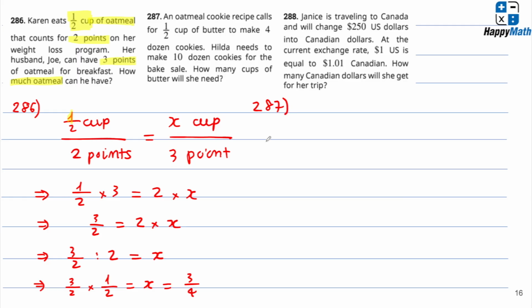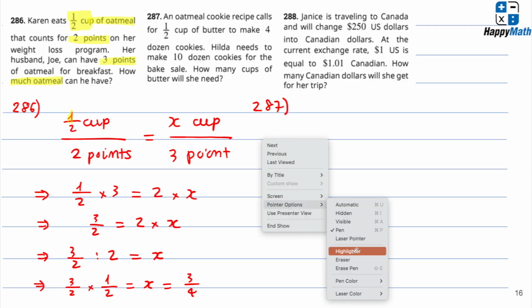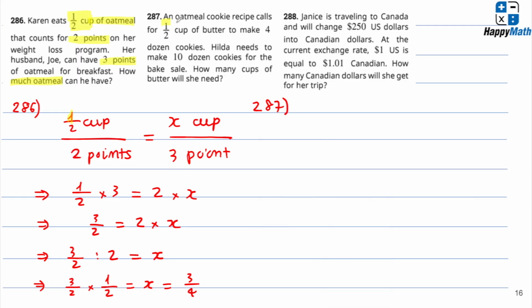287. How is this? You got butter, 1/2 cup of butter, 4 dozen of cookies, 10 dozen of cookies, and how many cups of butter?